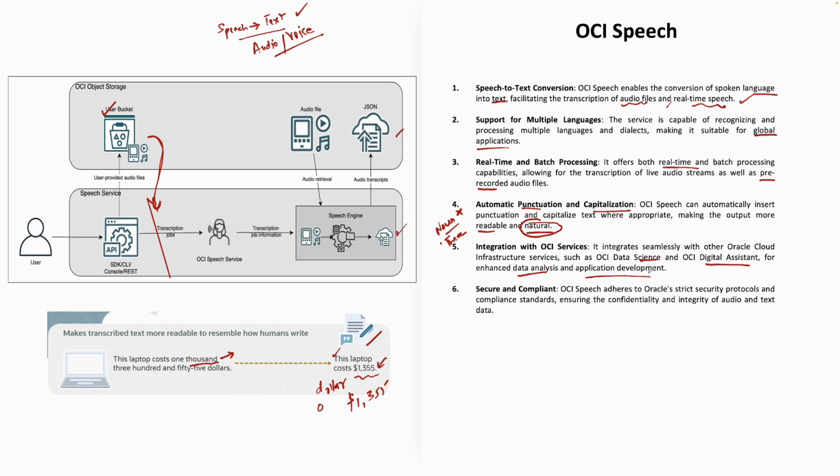It is secure and compliant because it adheres to Oracle's strict security protocols. So even if your text is stored inside a bucket or object storage, it is protected, and it also ensures confidentiality and integrity of your audio and text data as well. And anyway, we are on a secure platform like Oracle Cloud Infrastructure.